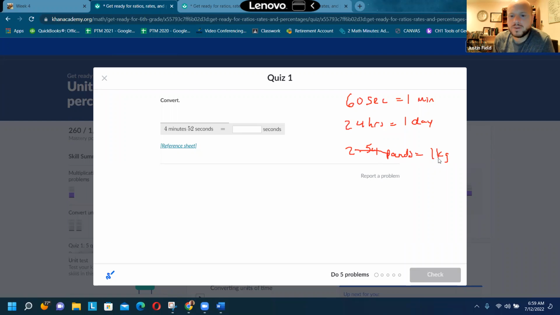Okay, but this one we are going to convert to seconds. So we have 4 minutes, and we know each minute is 60 seconds. Let's multiply that 4 times 60, and then that would be 240. So 4 minutes times 60 seconds is 240 seconds. And the way we think about it so that we understand what the final unit is, that's important.